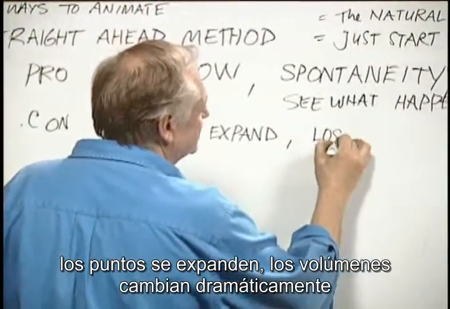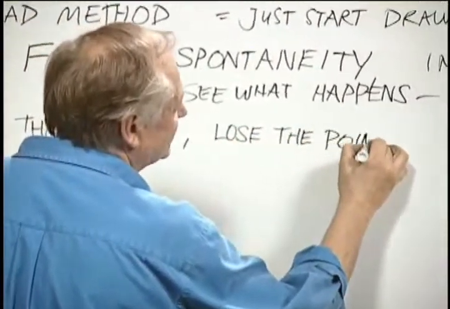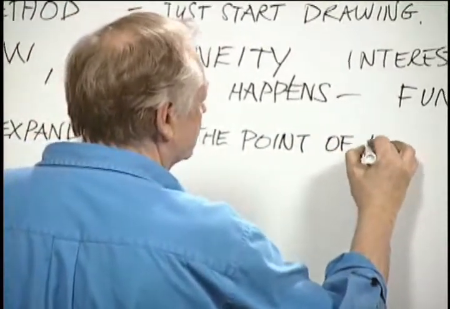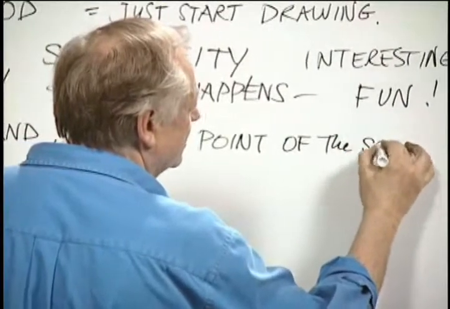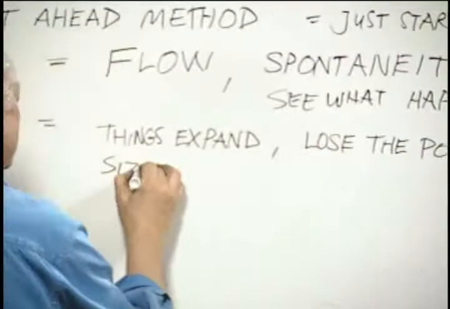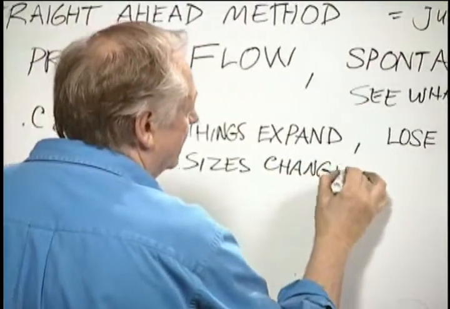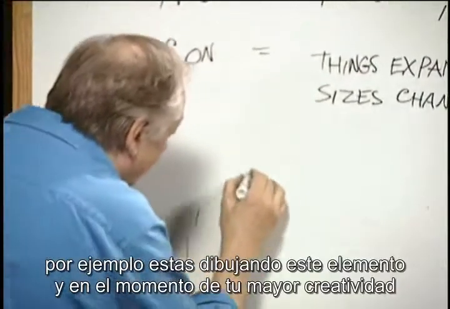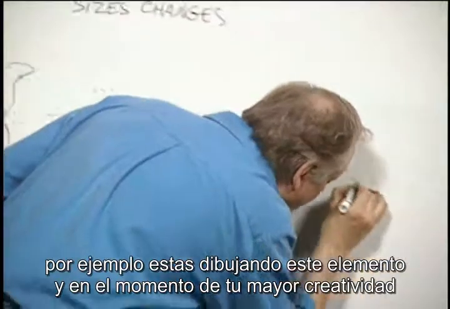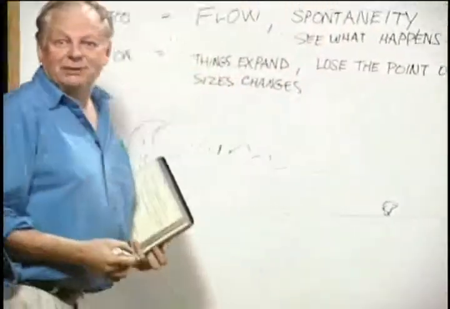We lose the point of the scene. Tendency to lose the point of the scene. And sizes change dramatically. You're animating a creature that's this size, and as you're in the heat of creativity, he ends up about this size, only you're trying to walk him on a straight plane.